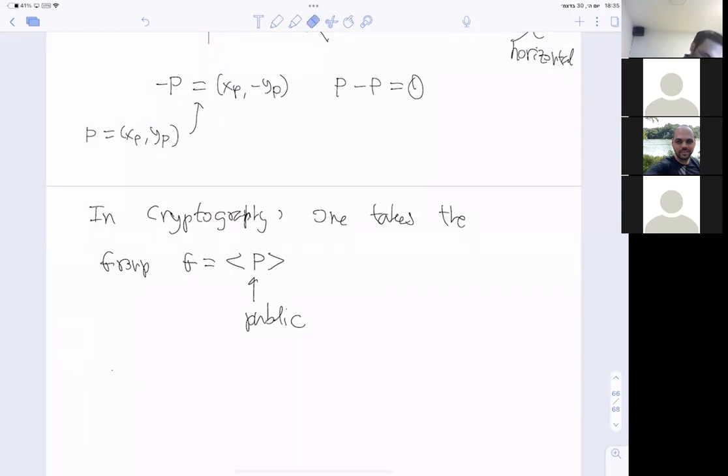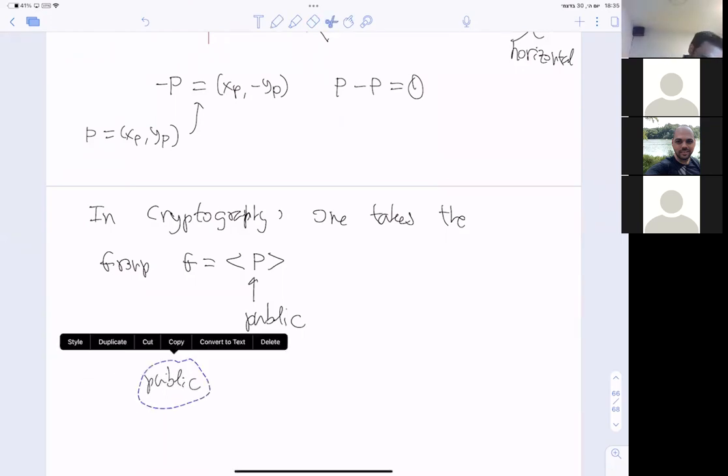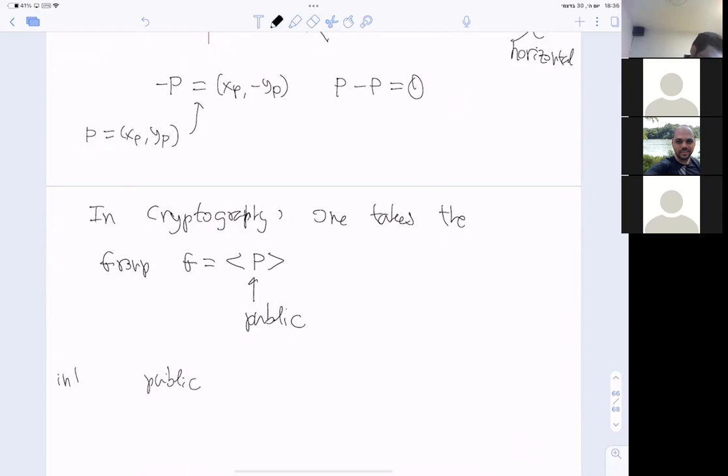So this is public for everyone. A public key, or I would say an individual public key, is actually nP, or if it's Alice, say AP. A is some number in Fp. But once you know that, you don't know A. A is private.